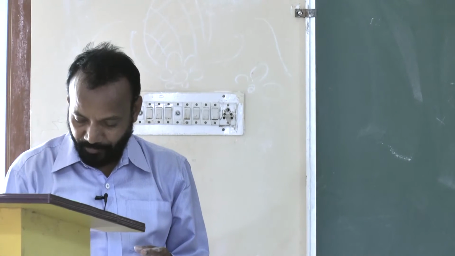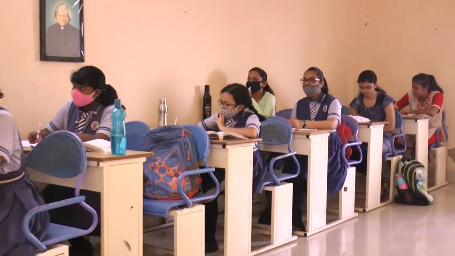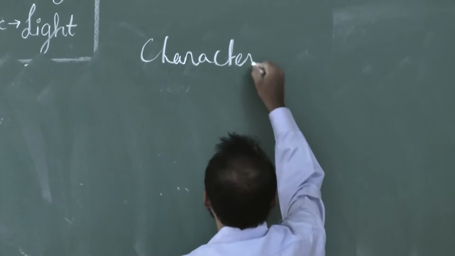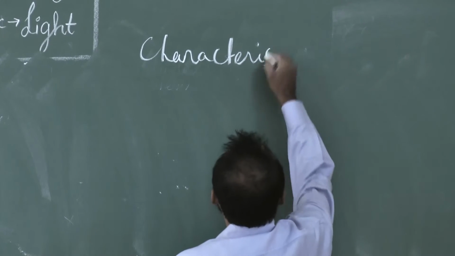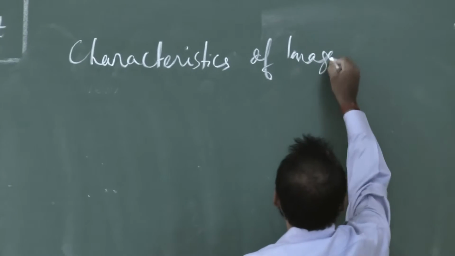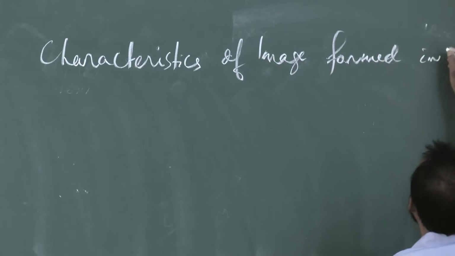So please write down the summary of the characteristics of the image formed in a concave mirror.